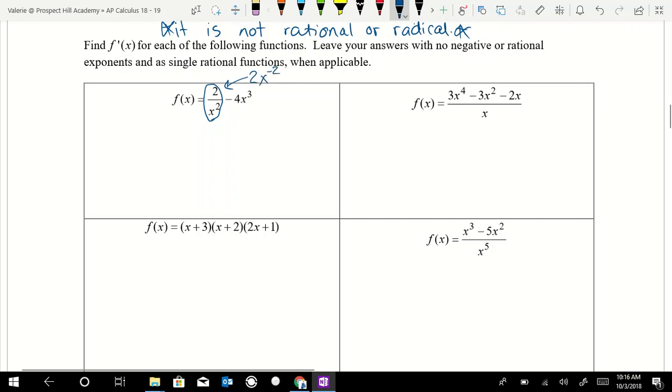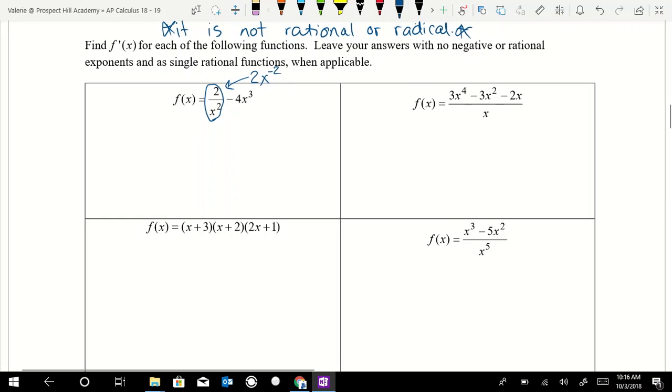The x squared being in the denominator can be rewritten as x to the negative 2. So now we have f of x equals 2x to the negative 2 minus 4x cubed. And now everything's written in polynomial form.